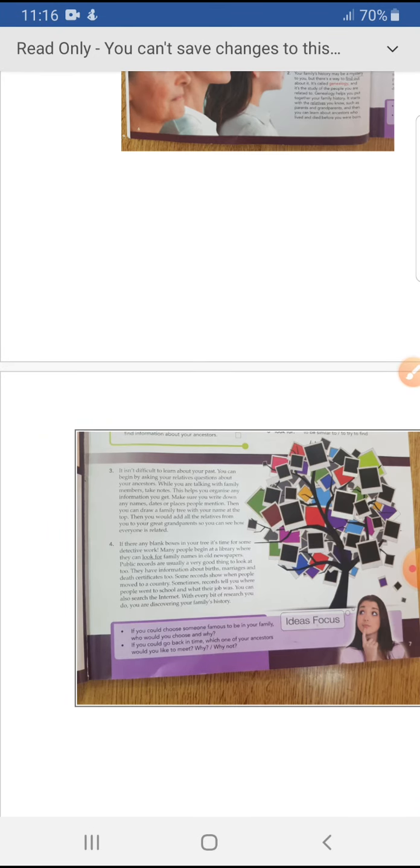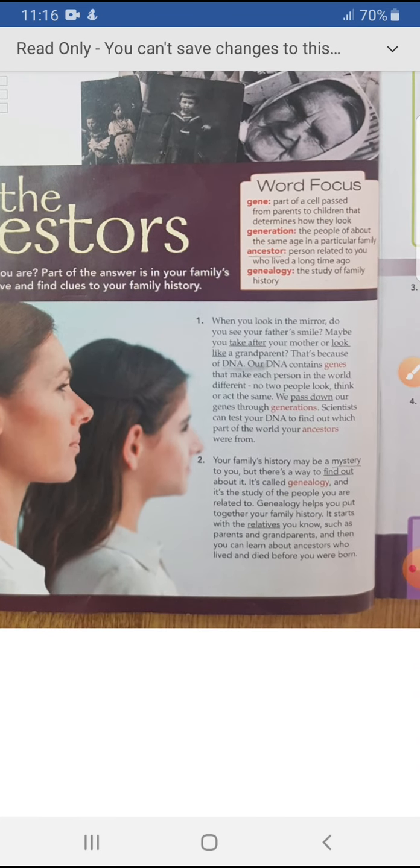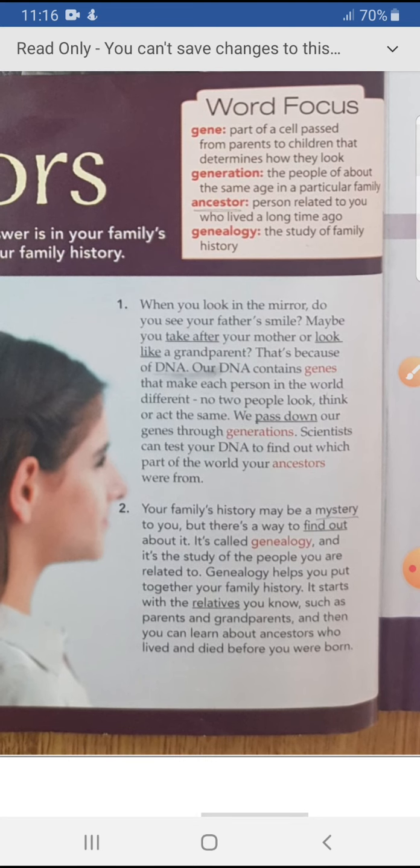So now let's discuss the main idea in every single paragraph. Paragraph 1. This paragraph explains what makes us different from other people and how scientists can find out where our ancestors come from through our genes.